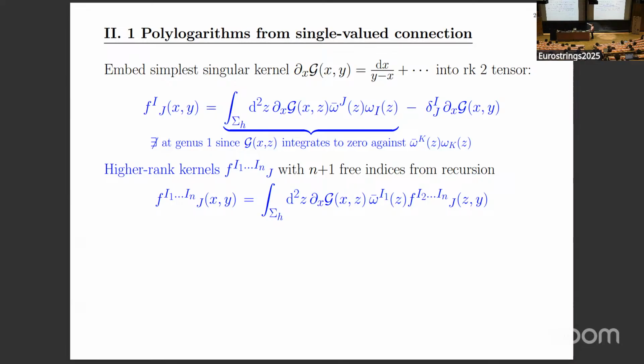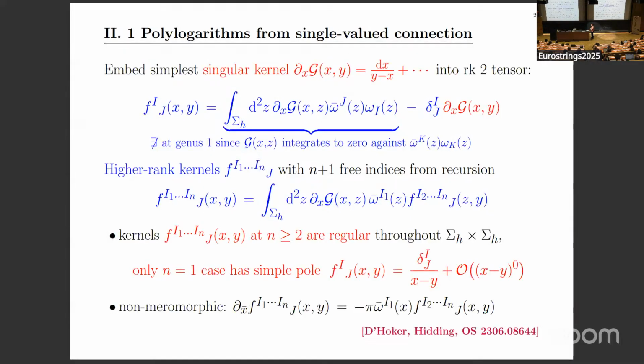So while the two-index f has a simple pole, all the f's with more than two indices are completely regular throughout the surface or throughout the two copies of the surface where the points x and y can live. So f^{ij} is the only case with singularities. And yeah, as I promised, they're not going to be meromorphic. So here is a kind of recursion under doing anti-holomorphic derivatives in the point x.